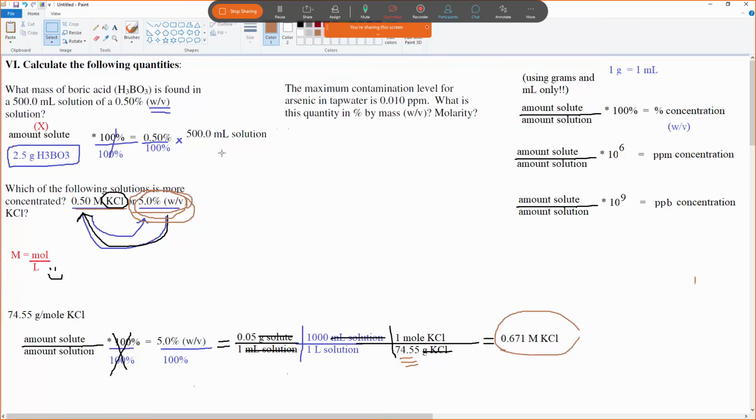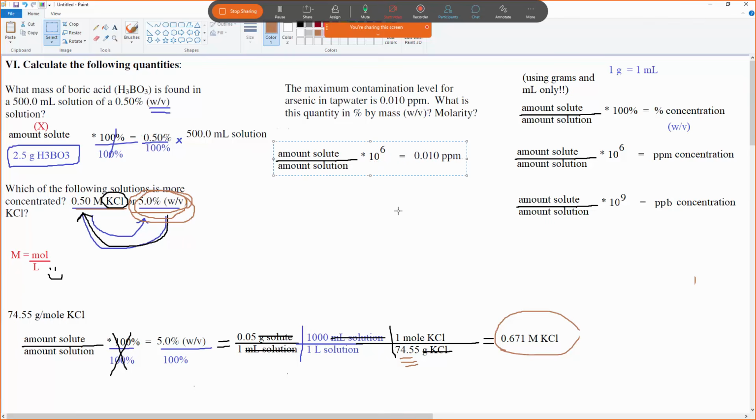So this is also tricky. We're going a little bit backwards, but from what we know, we're going to use this equation right here. And we were given that it's actually 0.010 parts per million. That's my actual concentration.